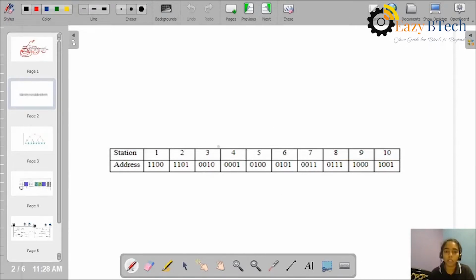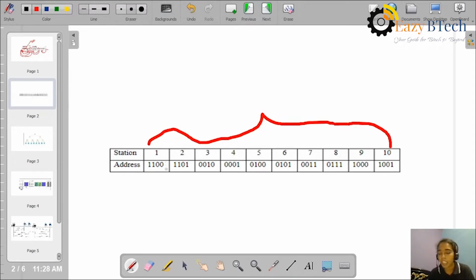This is the binary countdown. I have 10 stations, and each station will be allocated a binary address. So 1100 means we have 1, 2, 4, 8.